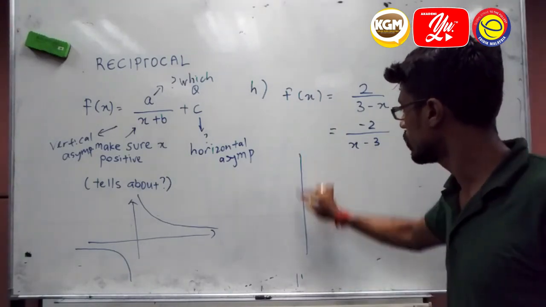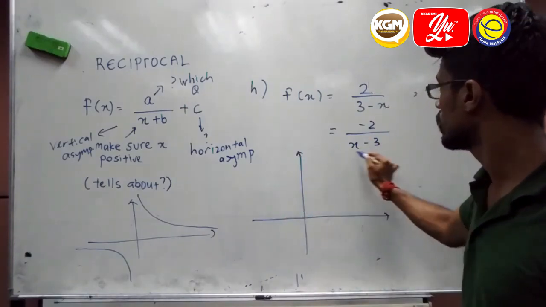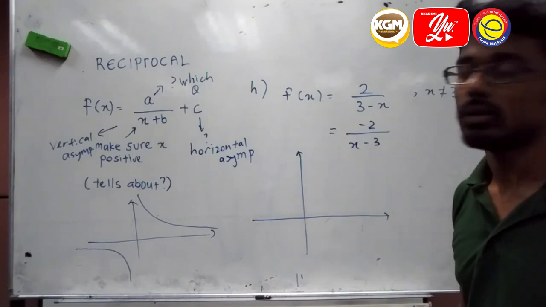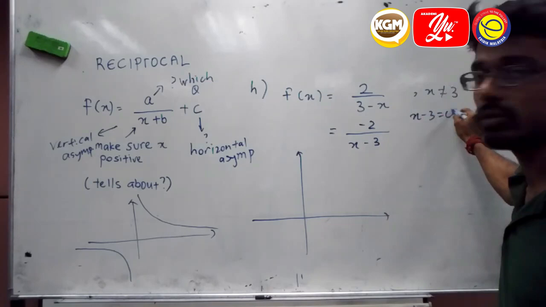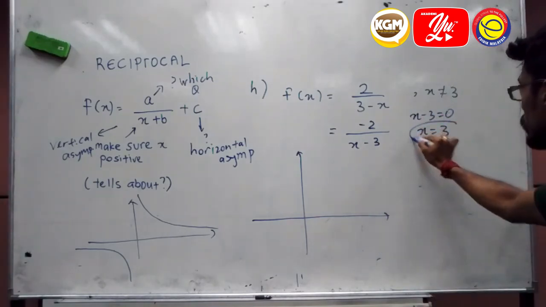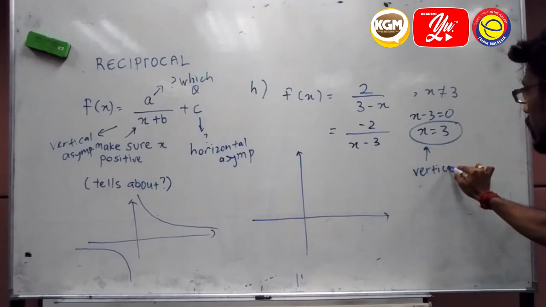Let me draw my axes. As I pointed out, the denominator tells me my vertical asymptote. So we set x minus 3 equal to 0, which gives x equal to 3. This is my vertical asymptote.